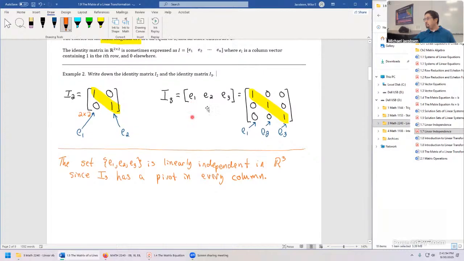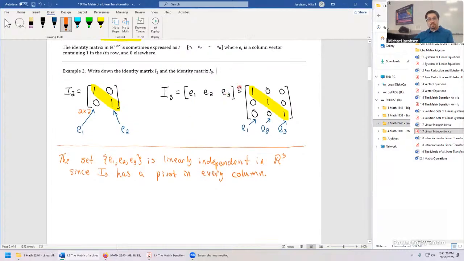And we can say even more. Notice if there's a pivot in every column and it's square, there's also a pivot in every row as well. So we can say the set e1, e2, e3 spans R3 since there is a pivot in every row.